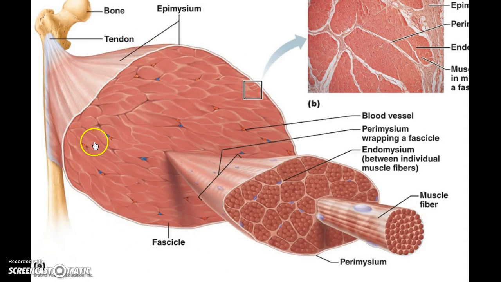If you look on the inside, skeletal muscles are composed of little bundles called fascicles. When you're eating pot roast and it comes apart, nice and tender, it comes apart in those strips. Those strips are the fascicles of that muscle. Here they're pulling one strip out.